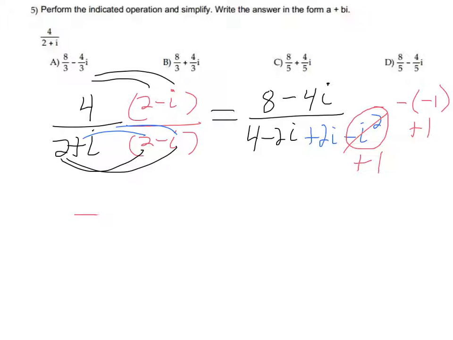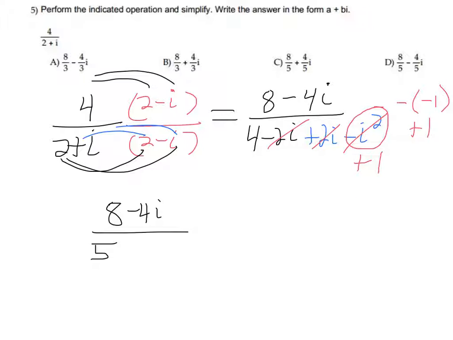On the top we have 8 minus 4i. On the bottom we have 4 and plus 1. Like terms makes 5. And we have minus 2i and plus 2i. Those go to 0. They're gone. So it's just 5.